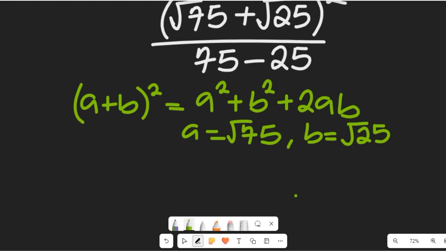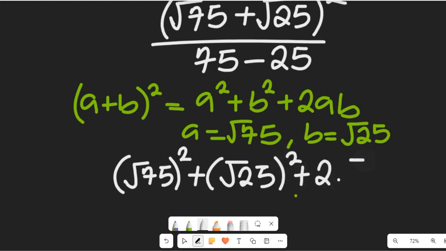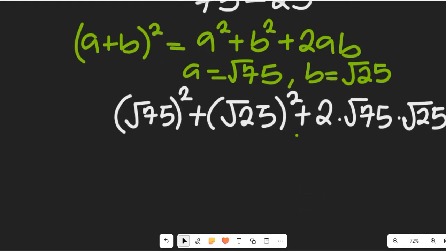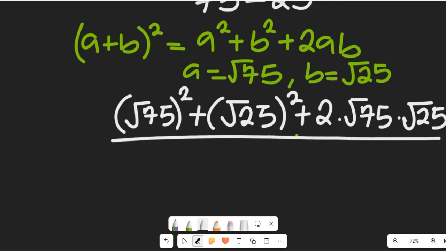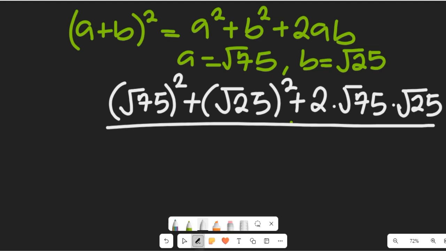If we apply this expression to the numerator, we're going to have the square root of 75 squared, plus the square root of 25 squared, plus 2 multiplied by the square root of 75 multiplied by the square root of 25. And all these will be divided by 75 minus 25. Now recall, we'll have 75 minus 25, and that will give us what? 50.